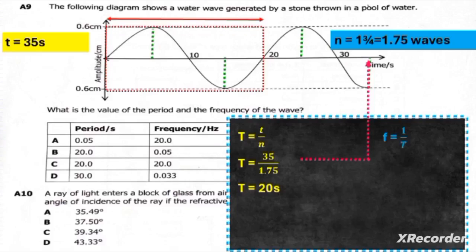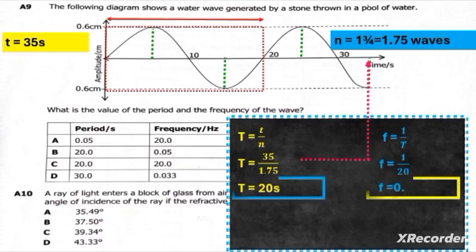Let us also find the frequency. Of course, there are a good number of formulae we can use to find the frequency. Since we have the period, we are going to say frequency is equal to 1 divided by period, which is 20.